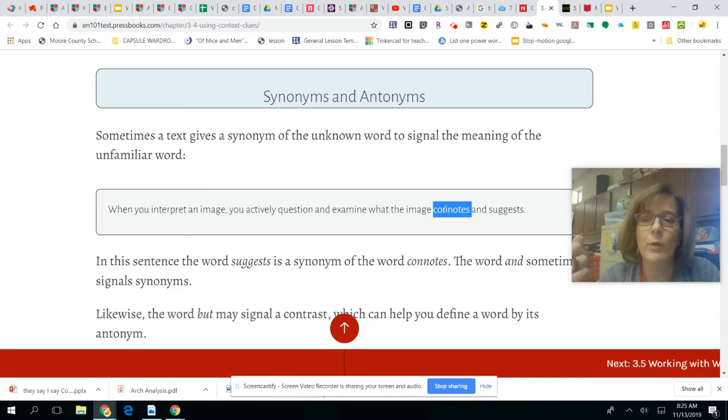You always have, number one, the dictionary definition, and number two, the connotation. But in this case, you're given a synonym for what that unknown word means, and it is right here. So what an image connotes actually means what an image suggests.